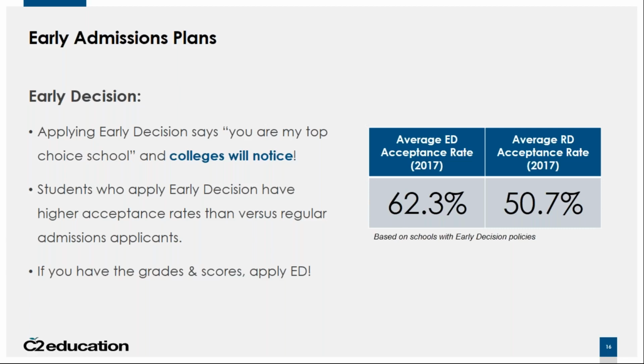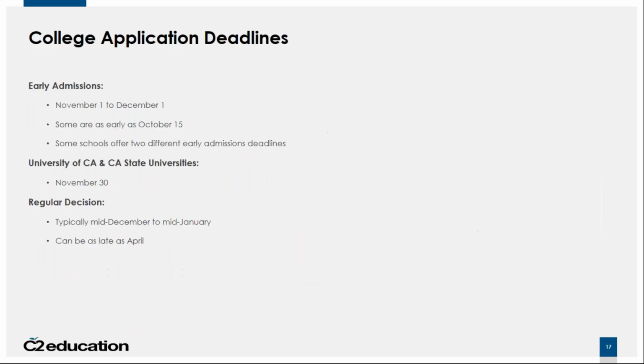It doesn't hurt. Usually if you do get rejected from early action or early decision, they usually just defer you to the regular admission pool. So if it is a school that you are 100% wanting to go to, apply early decision.